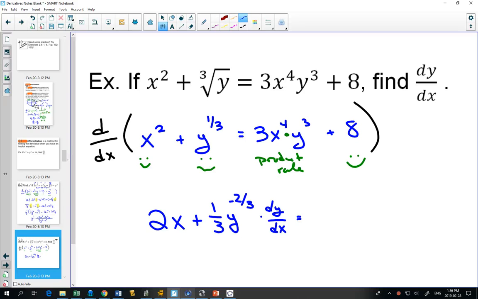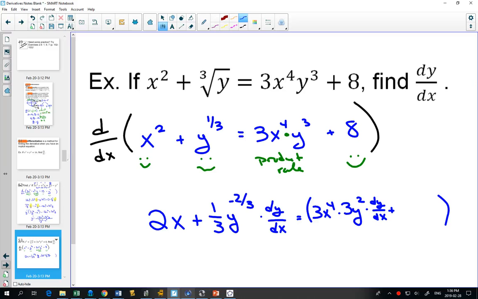Here we have a product rule, so I'm going to put it in brackets. Keep the first one the same, times the derivative of the second one. The derivative of y cubed will be 3y squared times dy dx.